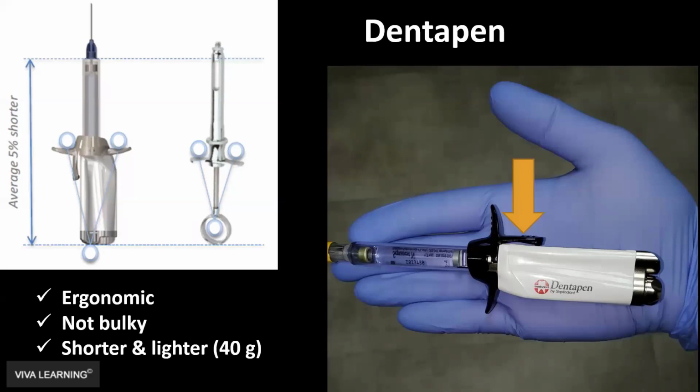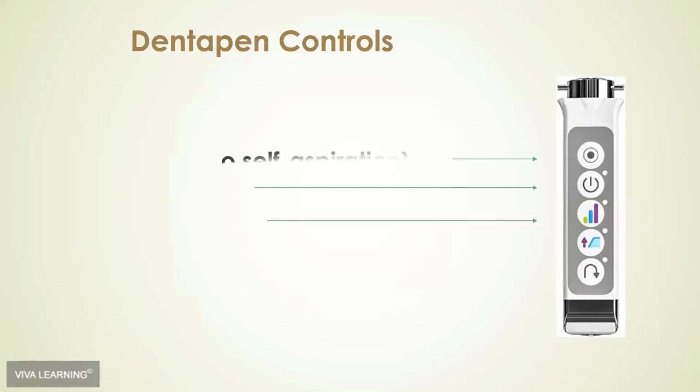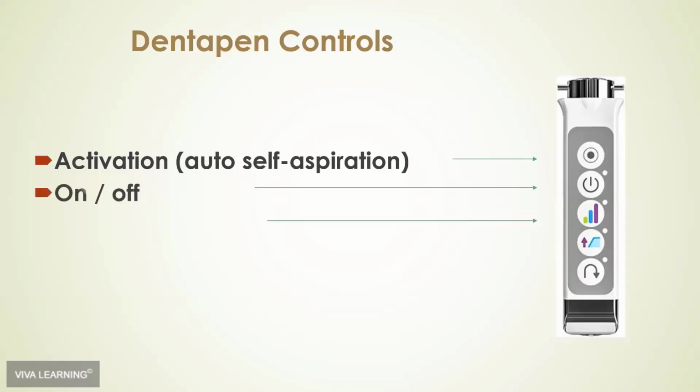This one is by Septodont, and you can see how small this is. This is the device in my hand, and it has a ring that you put your finger and thumb on. There are two different positions. It's very light. The only consumable is a sleeve that goes over this. And then on the operating part of it, where the controls are, there's an on-off button, and there's an activation button that will cause the device to aspirate.